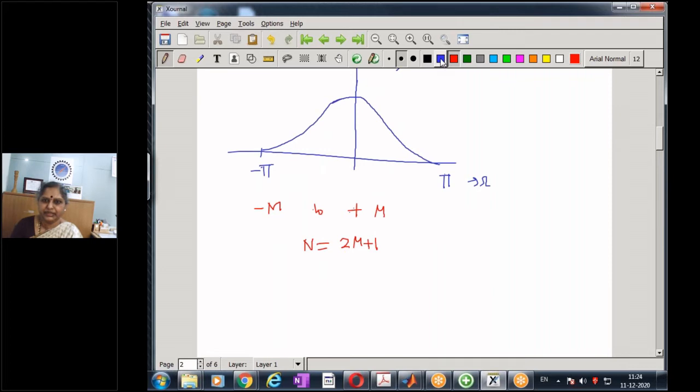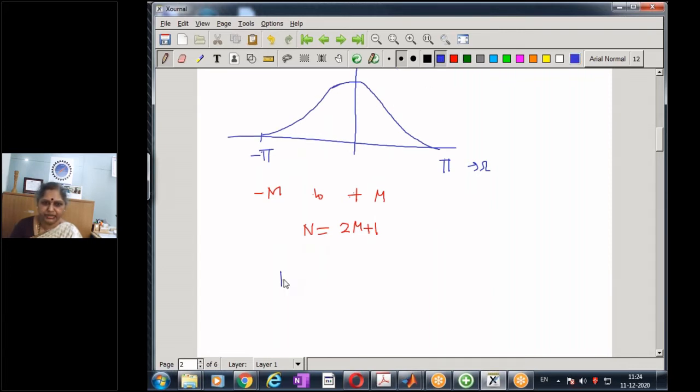In this case, what happens to our h of n? We know the result h of n is given by 1 by n sigma. Our h of k is always periodic, and because it's periodic, I can consider any continuous interval of n samples.